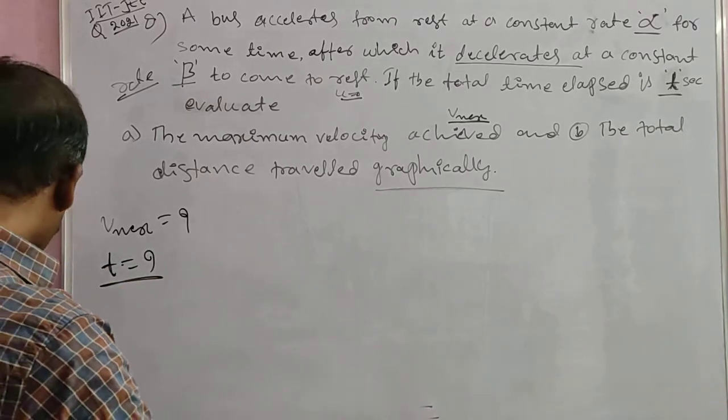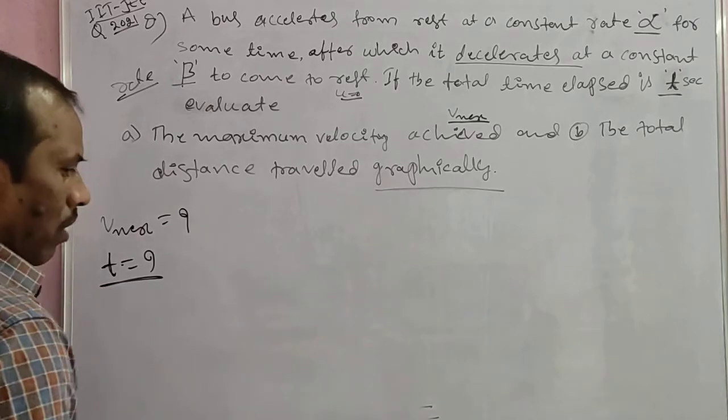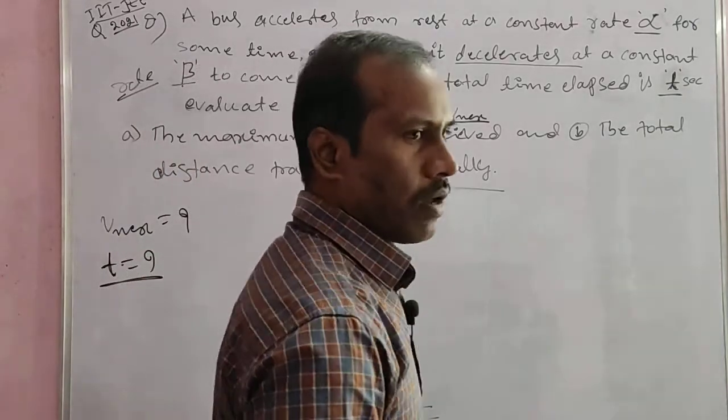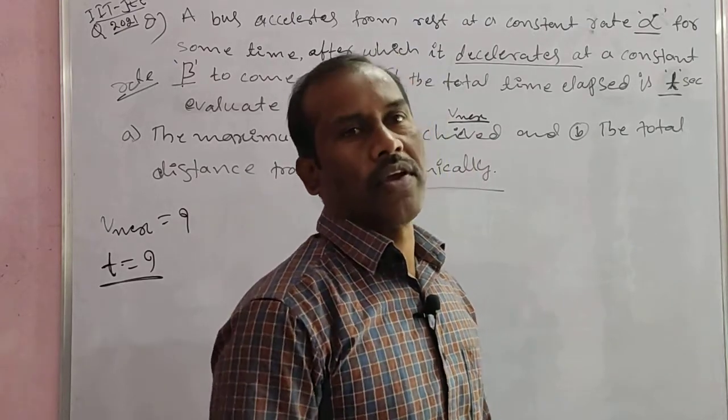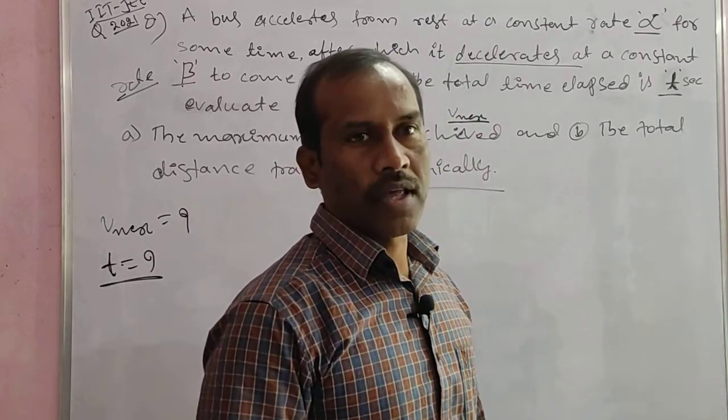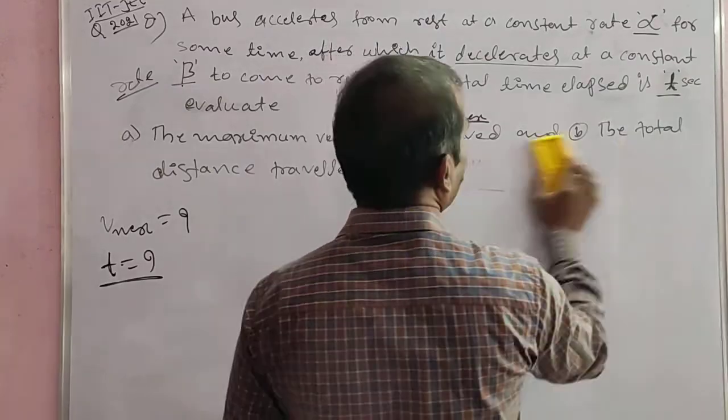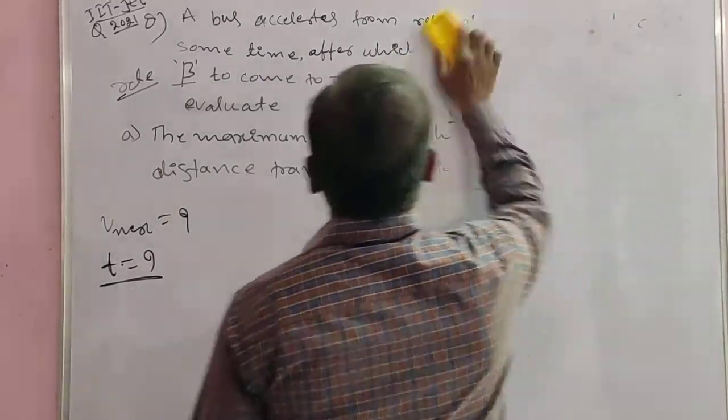First of all, the velocity-time graph gives the acceleration. The velocity-time graph is a straight line, and the slope of the straight line gives the acceleration of the particle. Now the graph is here.